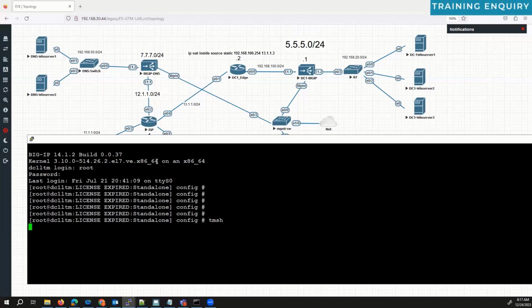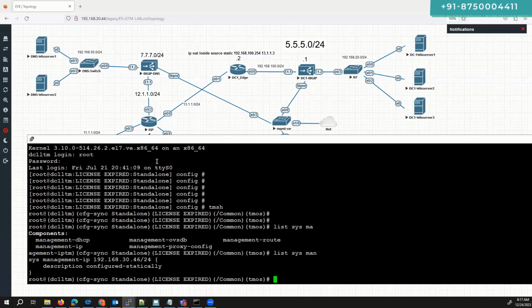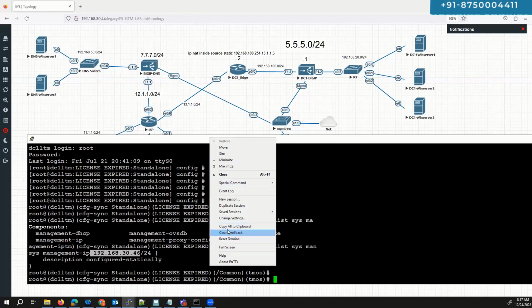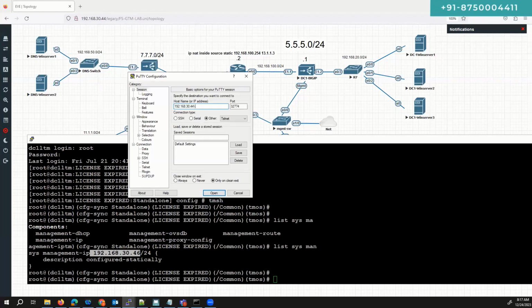TMSH, right? And then say list sys management IP. So that's 30.46. New session. Open.